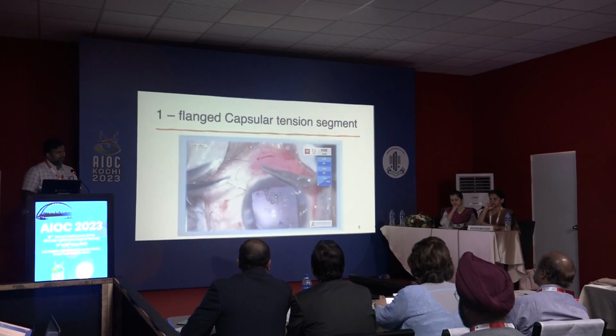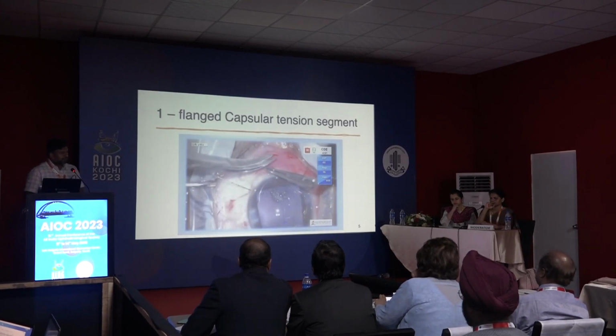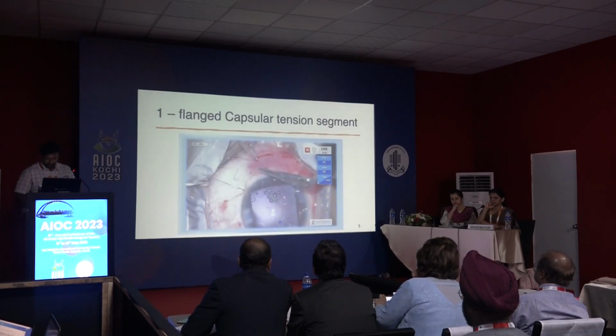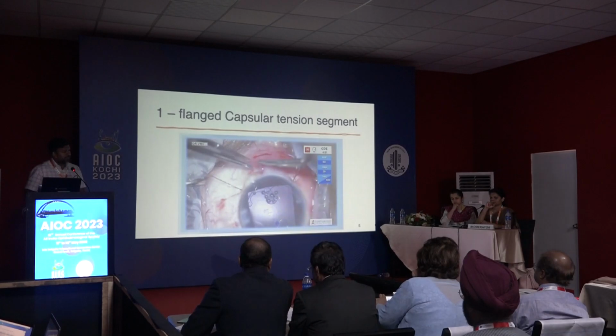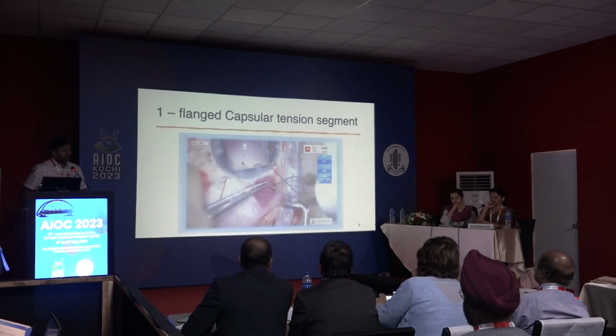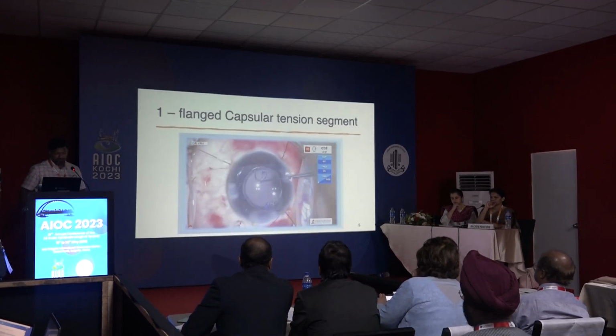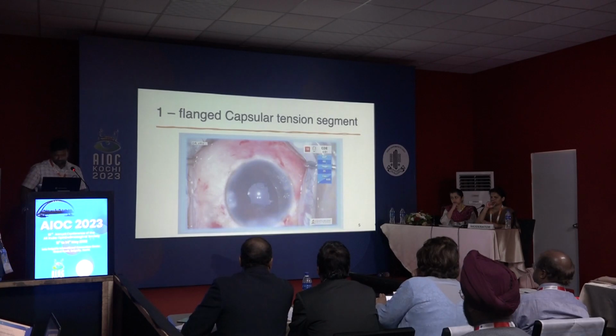The other end of the needle is passed through the eyelet of the CTR, and the suture is flanged till it becomes larger than the eyelet, and then it is positioned. The sutures are trimmed, flanged, and then buried. So it's a much simpler procedure compared to the traditional procedure where we have to do a lot of peritomy, flaps, and stuff.